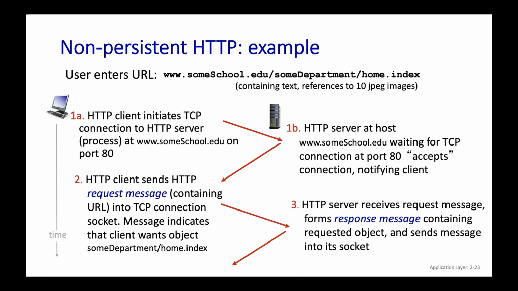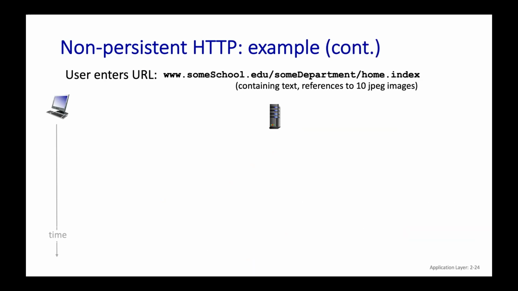So request and response messages should be according to some standard. वो हमने RFC के अंदर लिख दी. So HTTP server receives the request message, forms the response message containing the requested object, and sends the message into its socket. वो वहाँ से वापस चला जाएगा.